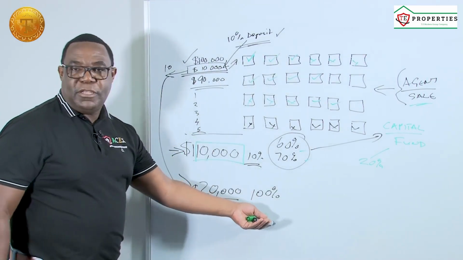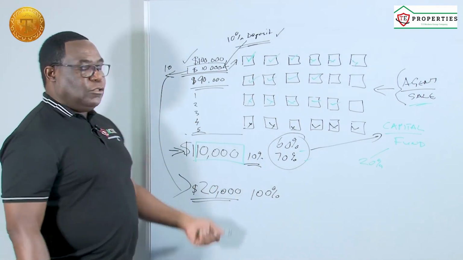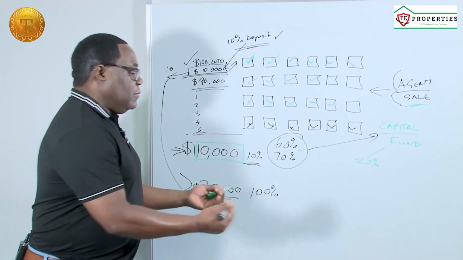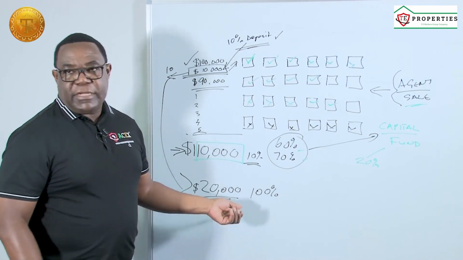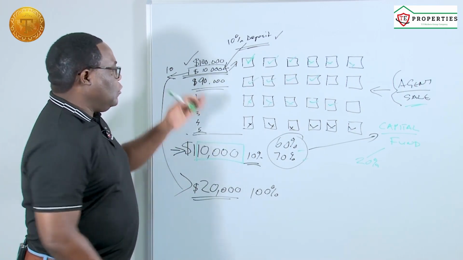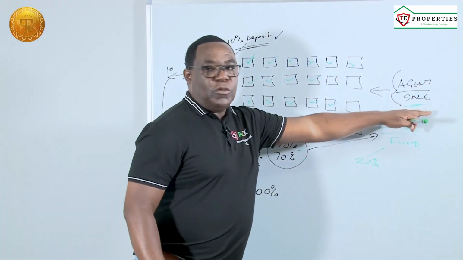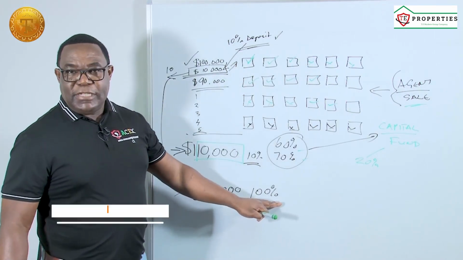Now that's gross, okay? Because if you're an amateur, you really don't know how to do these transactions, you'll probably pay an attorney X amount of fees, maybe 3% of that as a fee to help you structure the contract. Maybe the agent will also take in a sales fee, and so that is gross that you're dealing with.